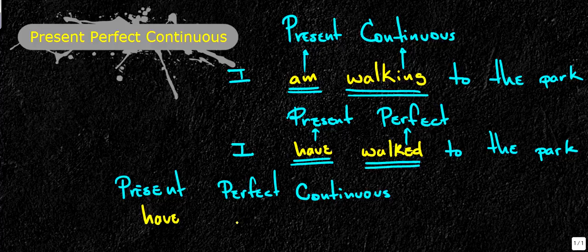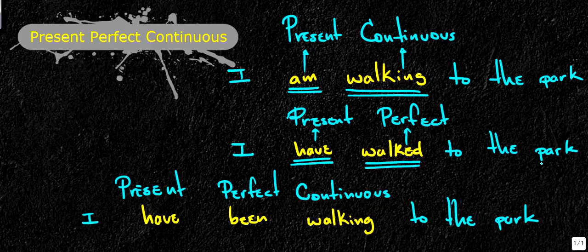The past participle of the verb to be is been. And then the last verb, because we're repeating the same example, we're going to use the verb walk. And as I said before, every time we say continuous, we're talking about present participle or gerund. So I'm going to conjugate the verb to walk in the gerund form. The rest will stay the same.